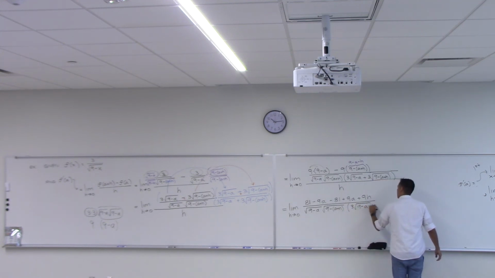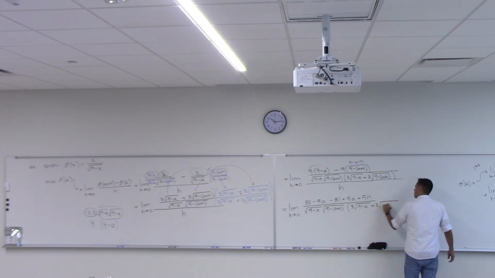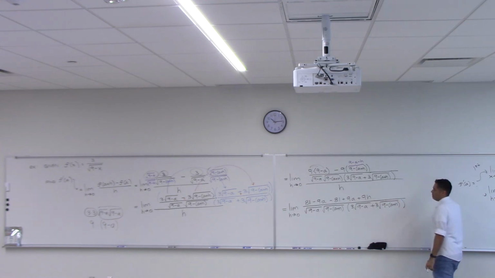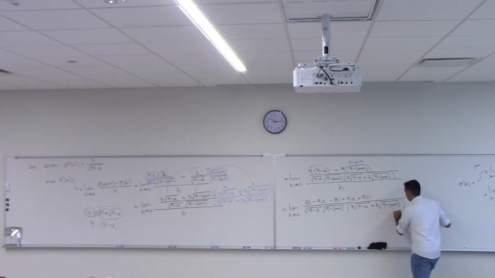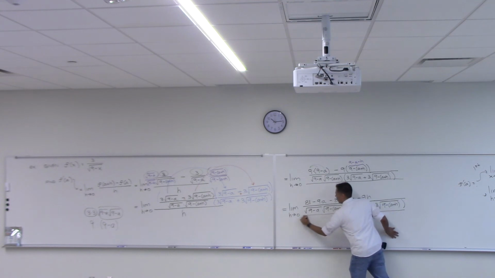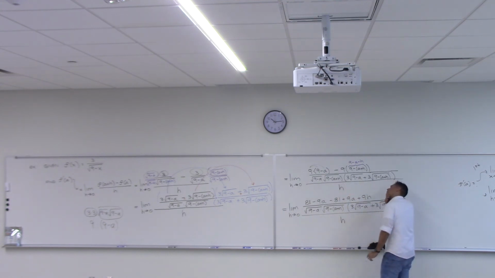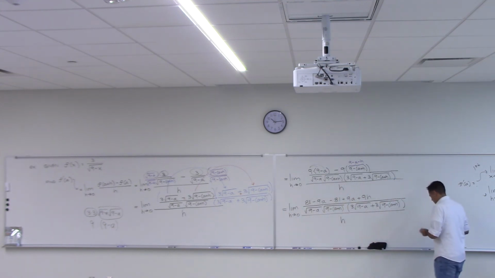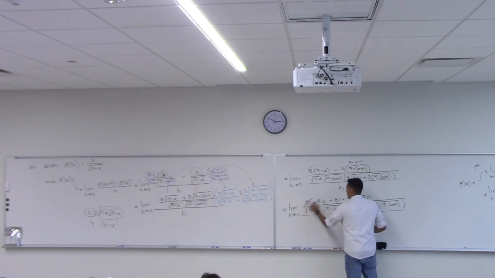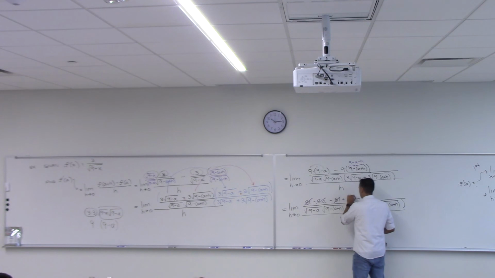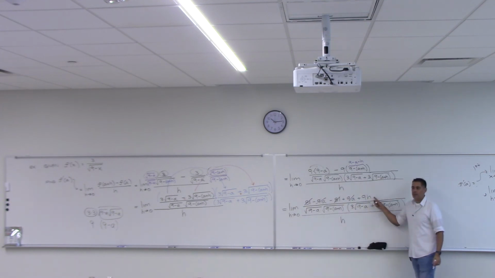What a freaking mess, right? All this over h. Do good things happen? Yes. 81's gone, 9a's gone, and the only thing left is 9h, and it has just an h, right?